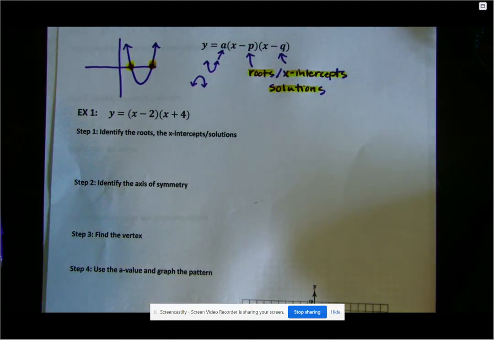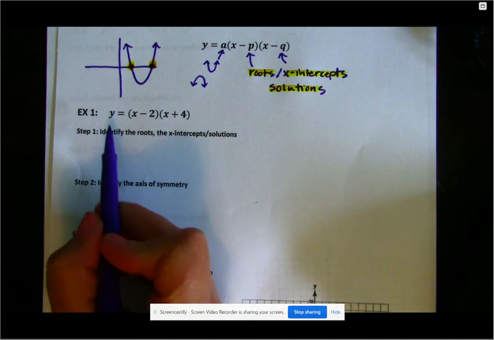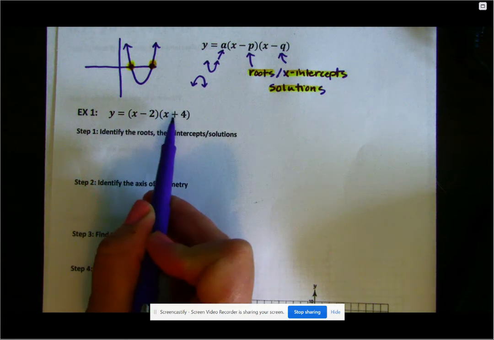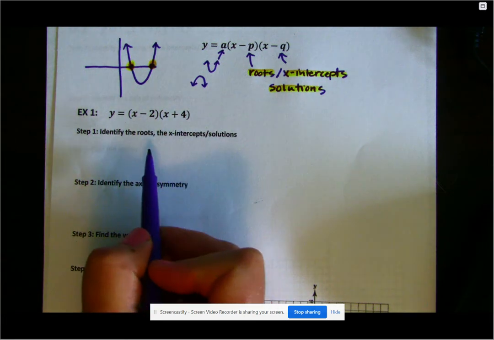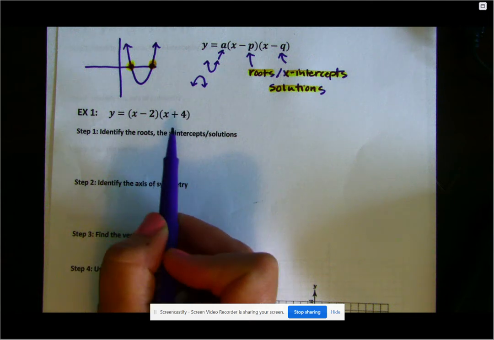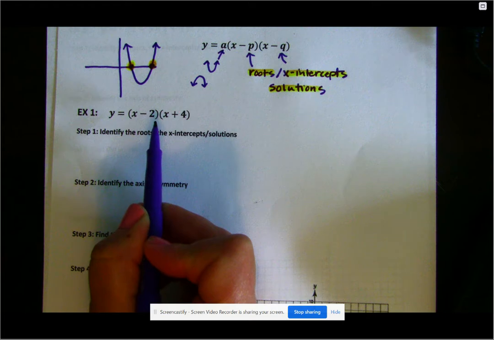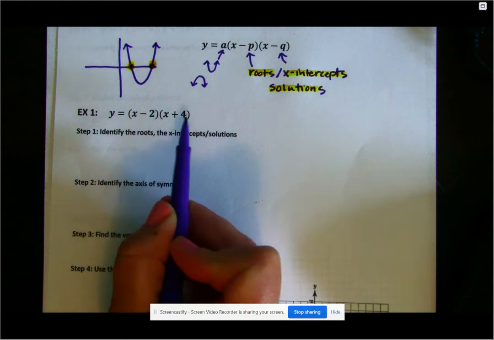This first one says we have y equals x minus 2 times x plus 4. The roots, or the x-intercepts or the solutions, come from these numbers here.